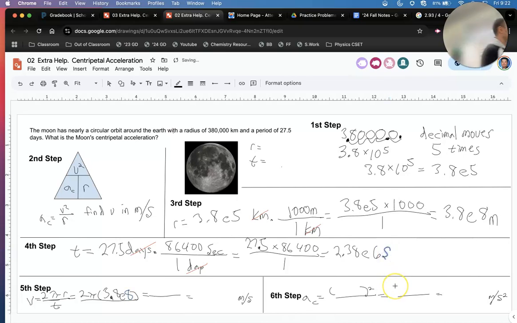So I'm learning right now that when I do this with period 4, I got to make sure I put my units here so we know this is the radius and this is the time. So what goes down here? 2.38 E6.